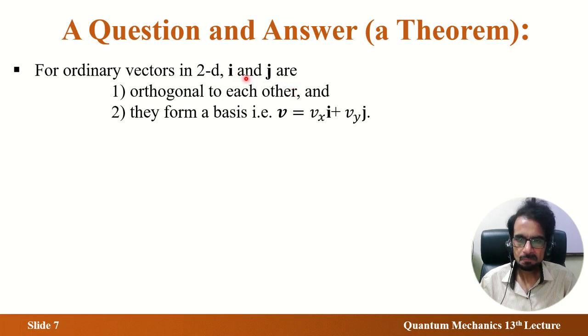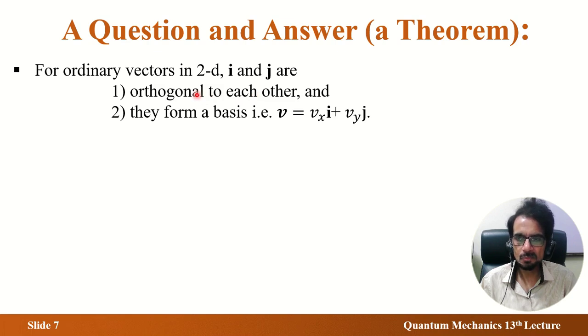For example, take the ordinary i unit vector and j unit vector. I think simpler vectors are not possible. Here you know two things. One, that they are orthogonal to each other. In that case you have been calling it perpendicular, but now do not use the terminology of perpendicular, because in the next application we have to replace it with ket and bra, and ket and bra cannot be perpendicular, but they can be orthogonal.